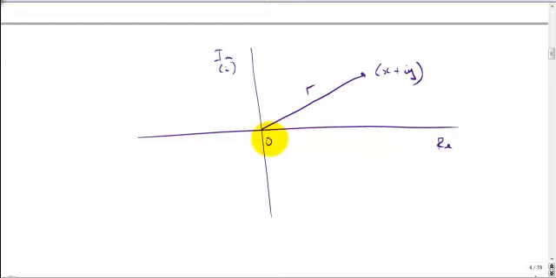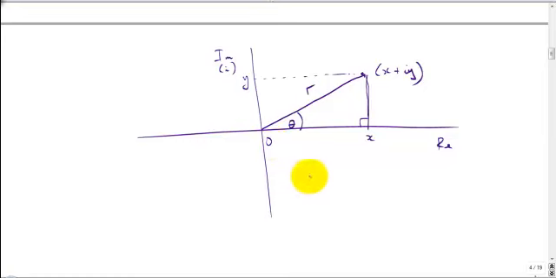Our origin is here, and likewise again, if you're familiar with this now, we make an angle theta with the real axis. So now if we drop our perpendicular down to the real axis, we form a right angle triangle. And so here's our x, and over here we have our y on the imaginary axis.